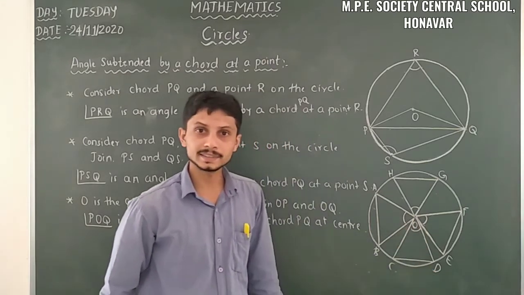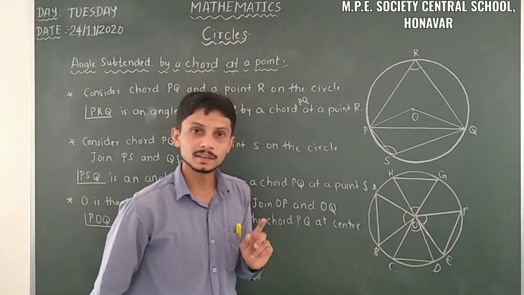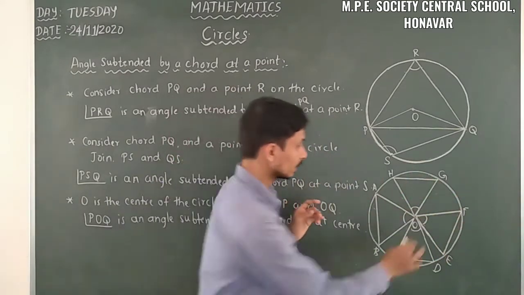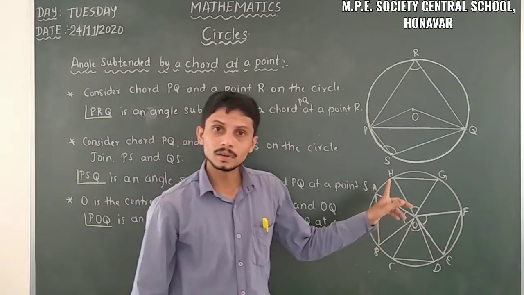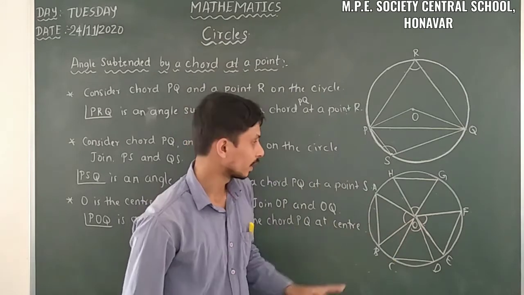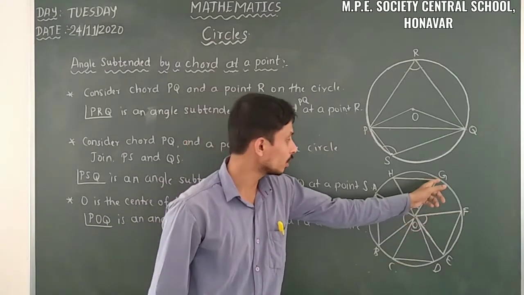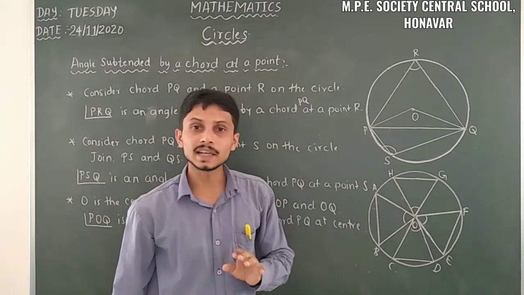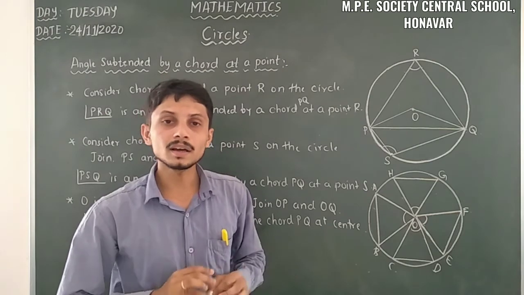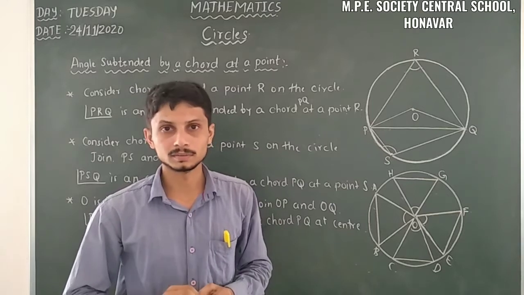Angle COD is an angle subtended by the chord CD at a point O, and angle EOF is the angle subtended by the chord EF at the center, and angle GOH is the angle subtended by the chord GH at the center of the circle. These are the cases we have in the angle subtended by the chord at a point.